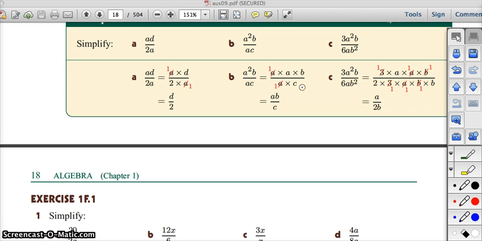A times C, expanded. A divided by A is 1. 1 times A is 1A times B, so AB, and 1 times C is C. So this is the expansion right here, and this is then simplifying it. Expand it out, simplify. Hopefully you're seeing a consistency there of how to go about them.